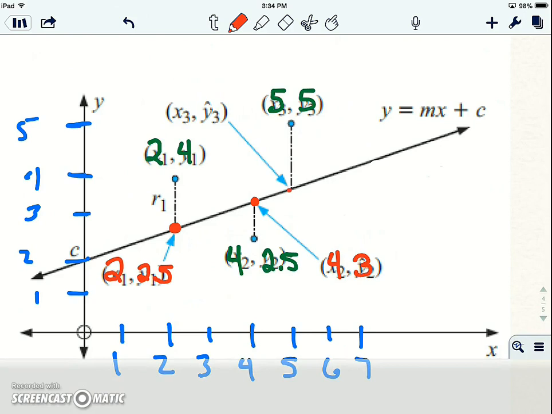And then this one right here is also over 5, and it's up 3.5. Okay, so we have our actual points and our prediction points.